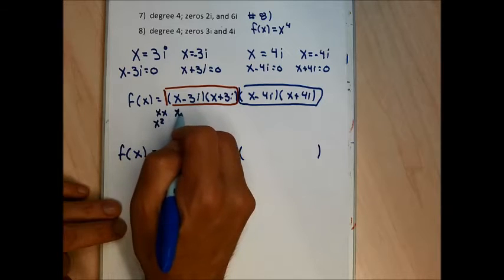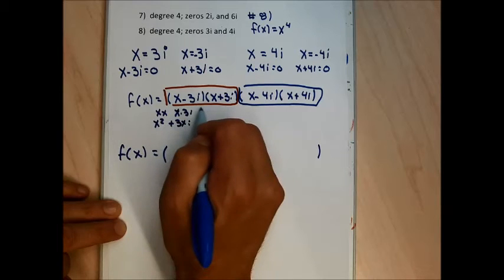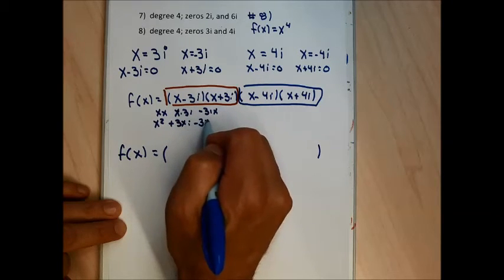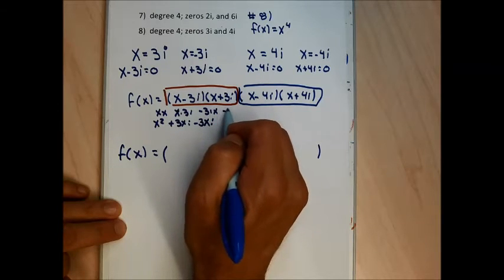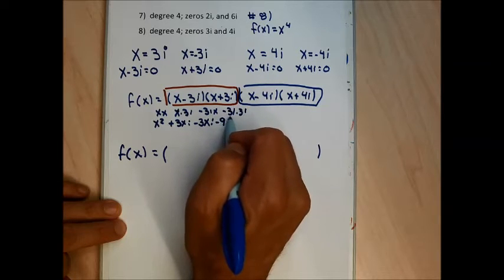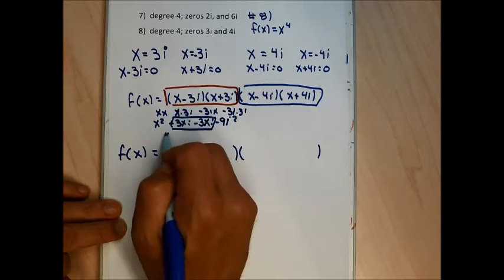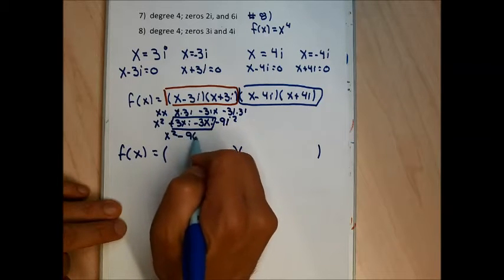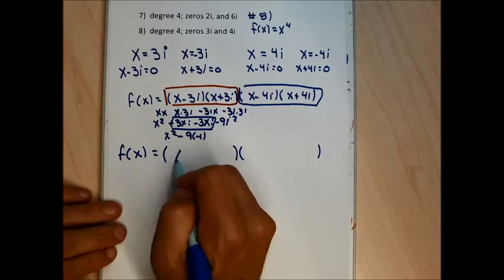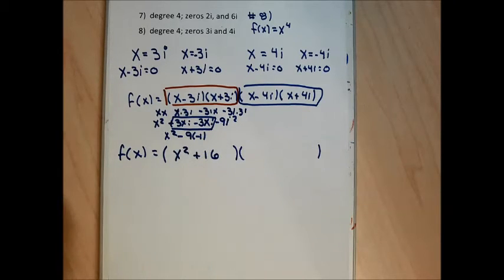Outers are x times 3i, which is plus 3xi. Inners are minus 3i times x, which is minus 3ix, or 3xi. And lasts are minus 3i times positive 3i, which is minus 9i squared. The outers and the inners cancel, and the minus 9i squared turns into minus 9 times negative 1. This parentheses is going to turn into x squared plus 16.